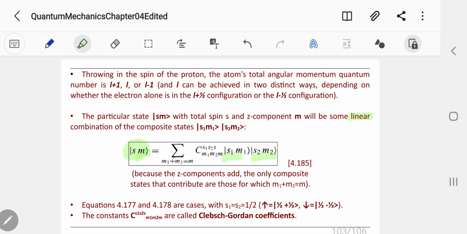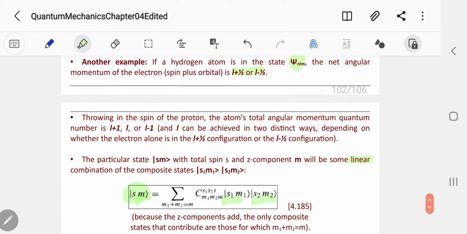So let's take an example. Equations 4.177 and 4.178 are cases with S1 equals S2 equals 1/2. So this one is spin up and spin down. Let's look at that.